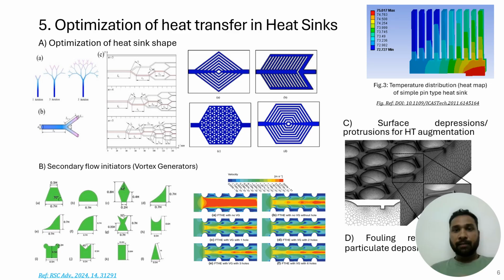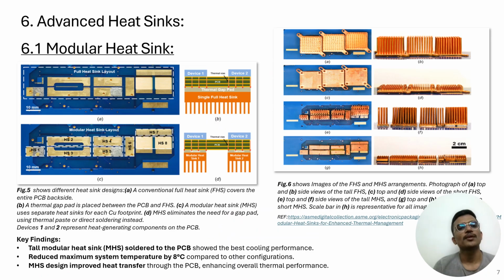Similarly, some surface depression and protrusion can increase heat transfer, and to avoid fouling and other depositions, we can add a fouling protection layer over the heat sinks to increase their efficiency. You can see a graphical representation of a temperature heat map of a simple fin tip, and how the temperature varies from TIM to fin tip.